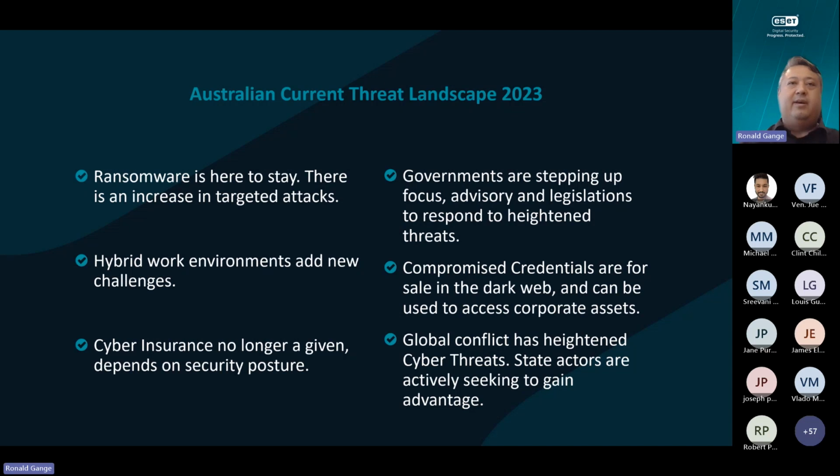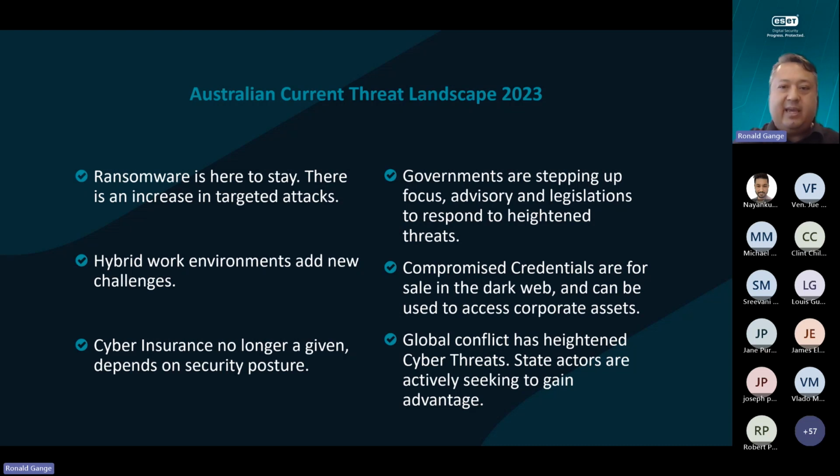Lately, the government has also stepped up its focus on cybersecurity. The Honourable Clare O'Neil is now a face that everyone knows, and she talks about the government's cybersecurity initiatives and also raises awareness with regard to the kinds of risks.